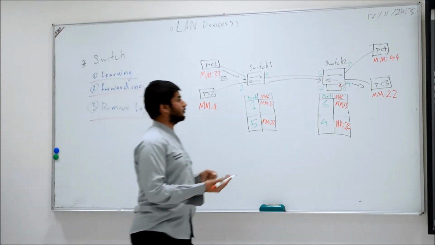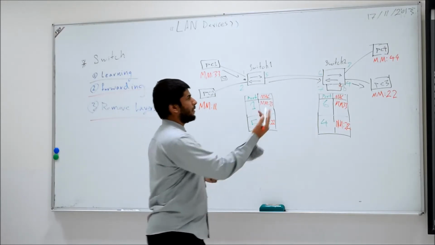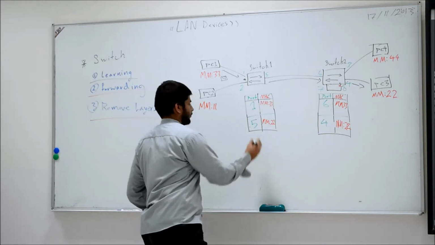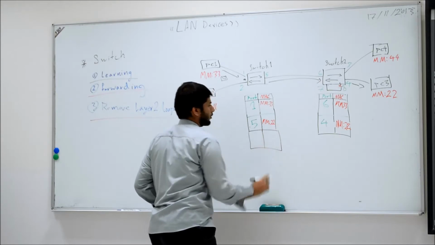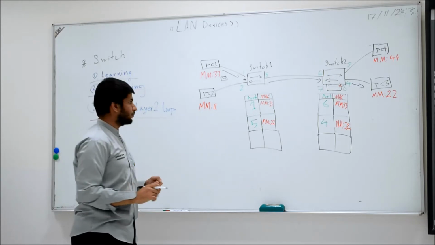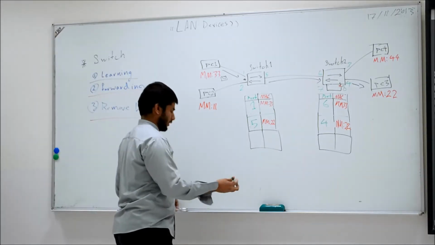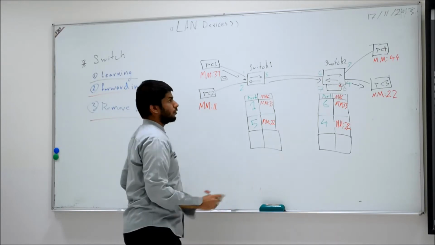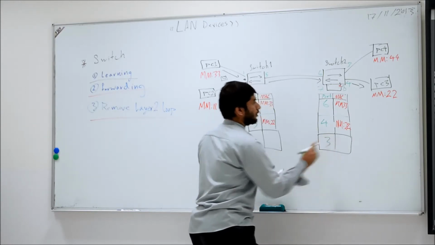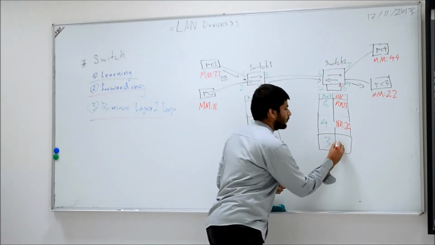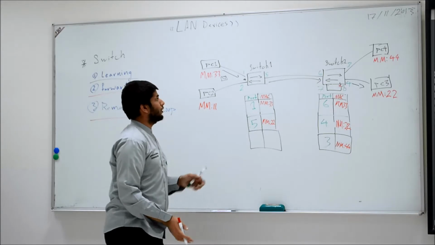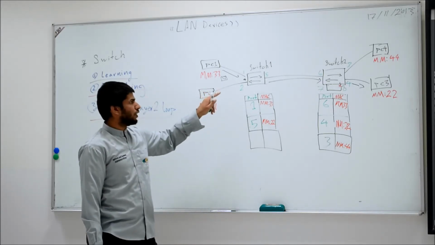If we send from PC4 to PC1, let's make another table. So we send from PC4. What happened? The second switch will learn: port 3, PC4 is MM4.